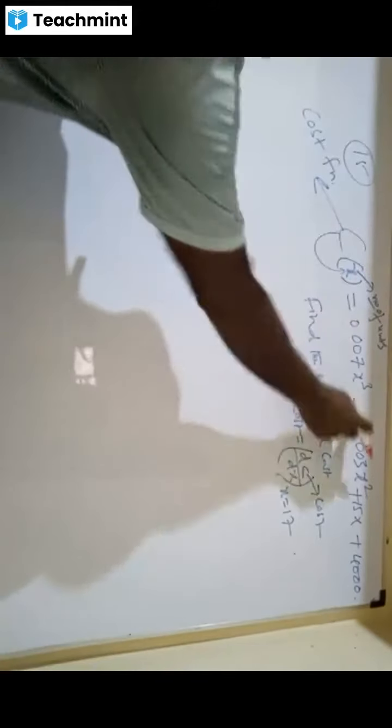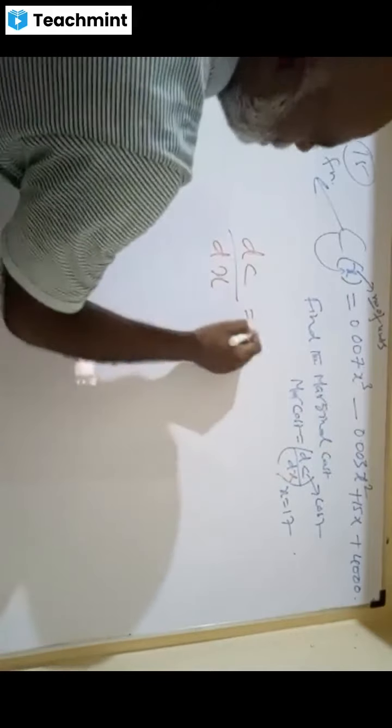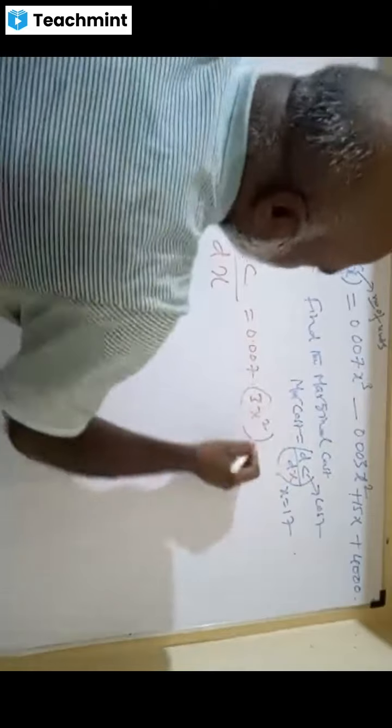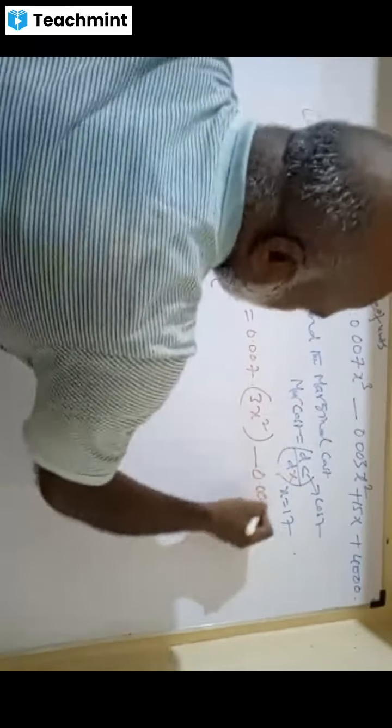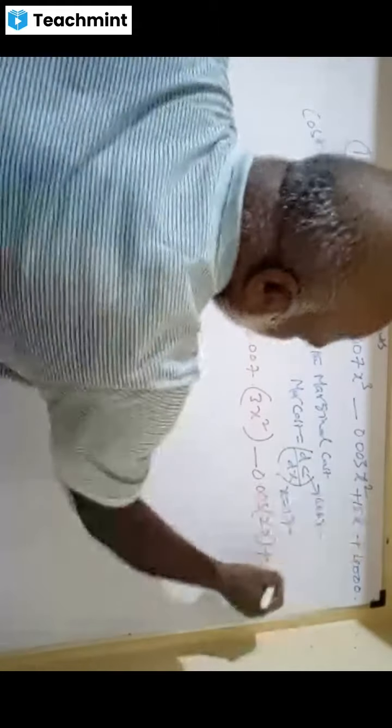So you differentiate this. dc by dx: 0.007 x cube differentiation is 3x square, minus 0.003 x square differentiation is 2x, plus 15, and 4000 differentiation is 0. That's obvious.